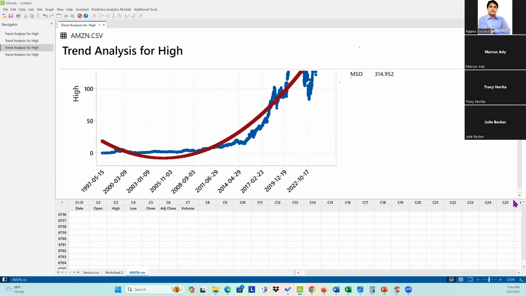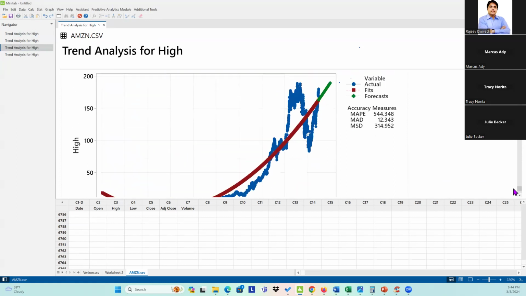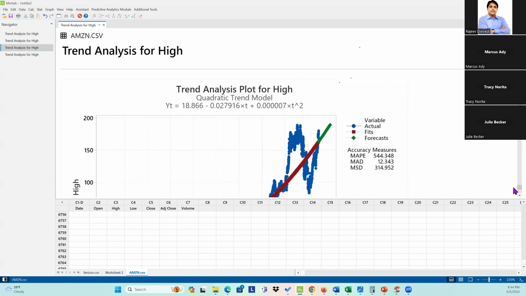And now look into this. How do we see which trend is better? So basically you see where the trend is going. This is actual, the blue, and this red one is the forecasted one or overall fit. This is going in this direction. You clearly see this is going in this direction, where this looks like somewhere here.